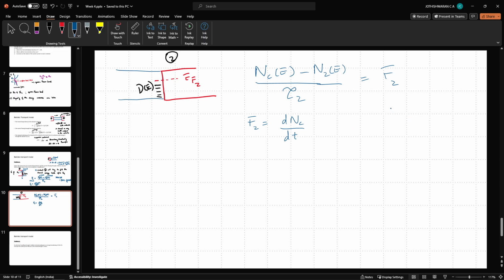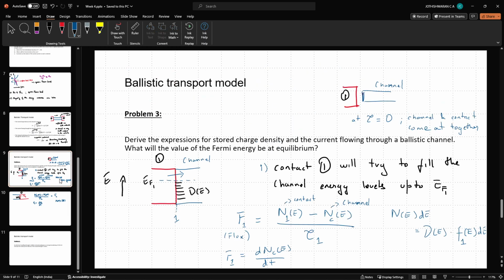And again N2 of E is given by D of E. Again, this D of E is for the bulk material. So this should be remembered. Whatever material we are defining, D of E is not a constant. So just to avoid any further ambiguities, I'm going to call this D1 of E, and this I'm going to call D channel.